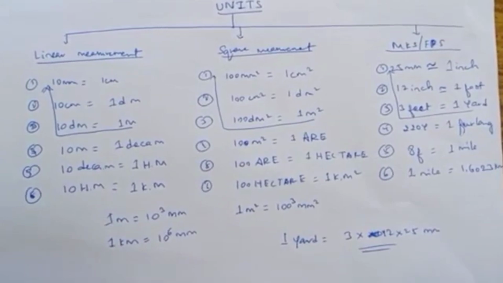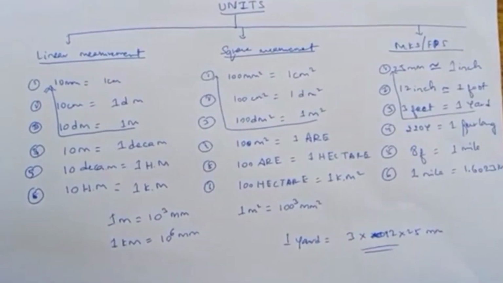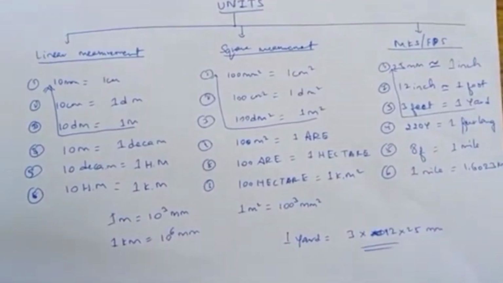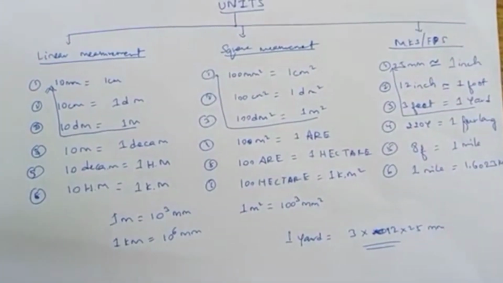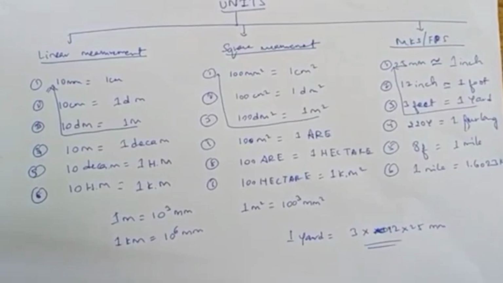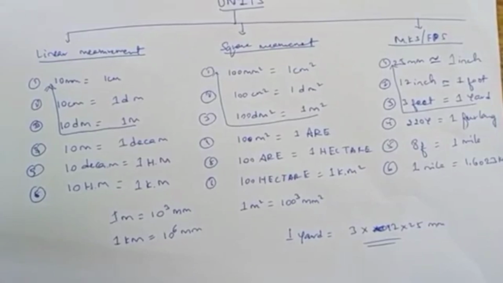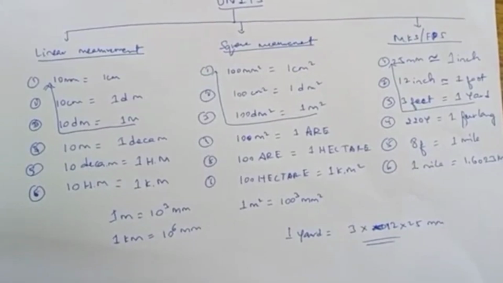In the same way in square measurement we have 100 mm square is equal to 1 centimeter square, 100 centimeter square is equal to 1 decimeter square, 100 decimeter square is equal to 1 meter square, 100 meter square is equal to 1 acre, 100 acre is equal to 1 hectare, and 100 hectare is equal to 1 kilometer square. In the MKS or FPS system we have 25 mm approximately equal to 1 inch, 12 inch is equal to 1 foot, 3 feet is equal to 1 yard, 220 yard is equal to 1 furlong, and 8 furlong is equal to 1 mile.